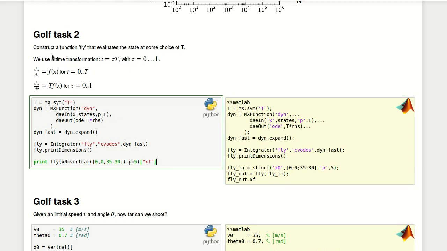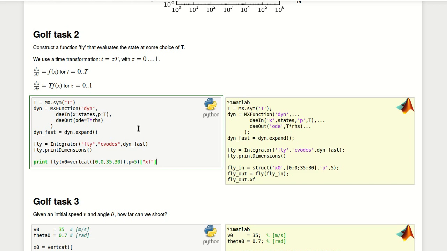We can say that time is tau times T, capital T, where tau is a dimensionless time running from 0 to 1. And then we can say to the integrator, just integrate always from 0 to 1, and you yourself do the scaling with capital T, such that you're doing actually free end time integration. But the integrator doesn't need to know about it.